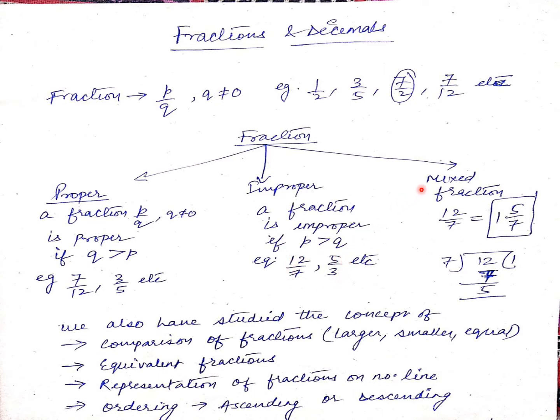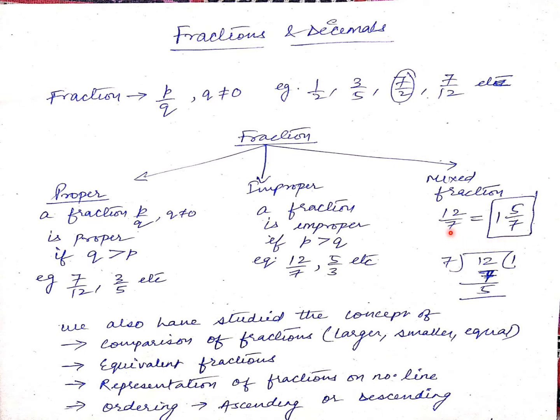Okay, what do we mean by mixed fraction? Here we simply take the number and divide by the divisor. Suppose 12 is the dividend, 7 is the divisor. We know 7 ones are 7. Remainder is 5. So see how to write a mixed fraction. First, we write the denominator the same, 7.